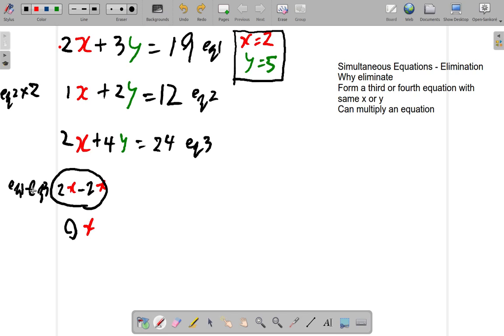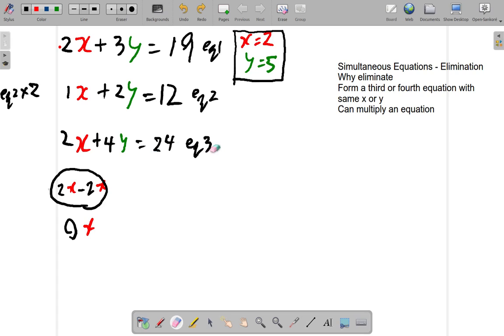I want equation 1 minus equation 3. I notice that equation 3 has bigger numbers, so let me change it around and say equation 3 minus equation 1. I could subtract them just the same, but with smaller numbers minus bigger numbers I would have some minus signs, and the minus signs can be confusing and put a little more stress on the brain.